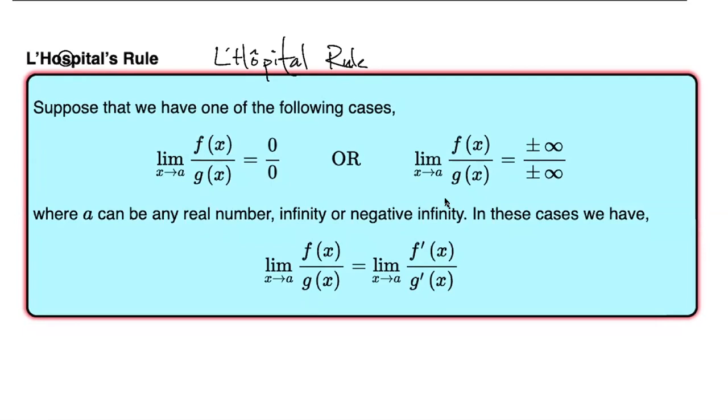But when we have one of these cases, the way we can handle it is using L'Hopital's Rule. And L'Hopital's Rule says that all we're gonna do is take the limit and then take the derivative of the top and then the derivative of the bottom and then try plugging in our numbers again, okay?